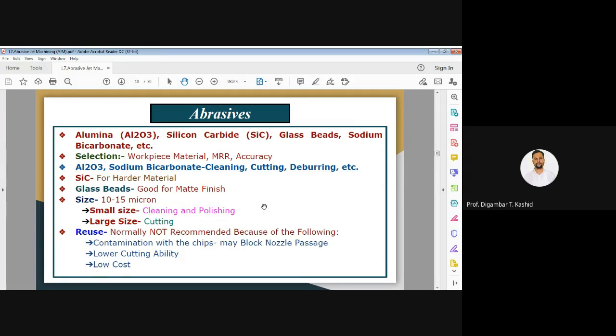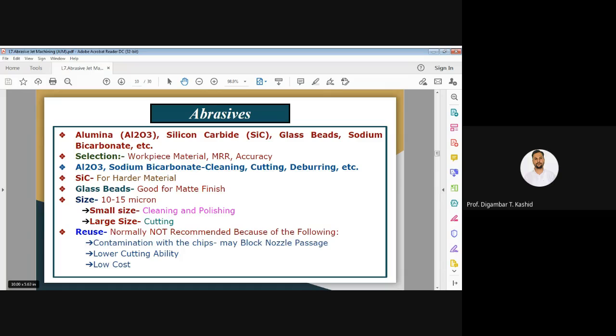Actually there are various types of abrasives used in AJM. As I have mentioned, you can use alumina Al2O3, silicon carbide SiC, glass beads, and sodium bicarbonate as your abrasive particles in this machining.